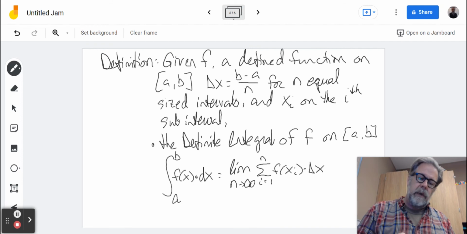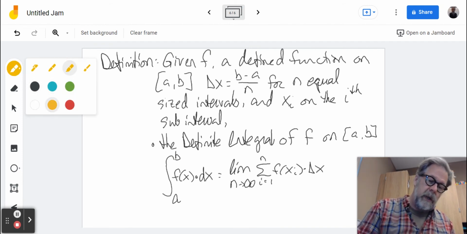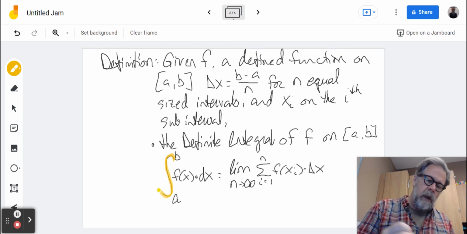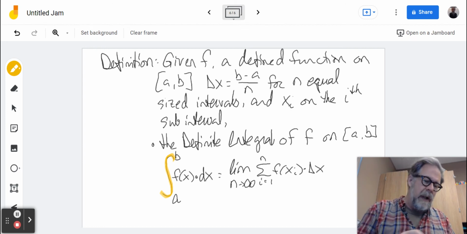This is our integral notation right here. This means the sum as we take the limit as n goes to infinity.